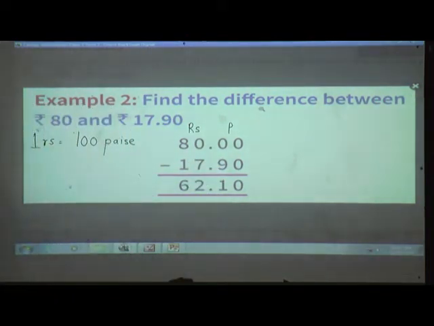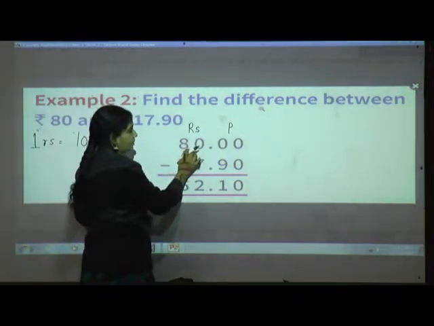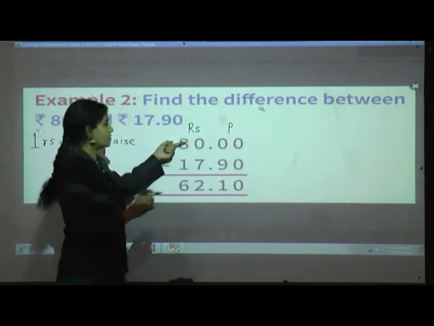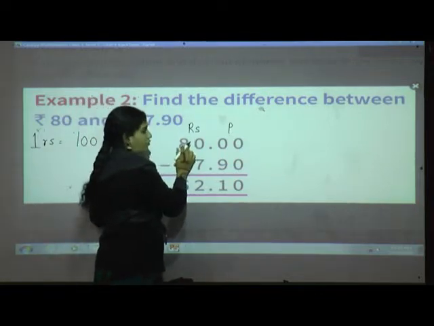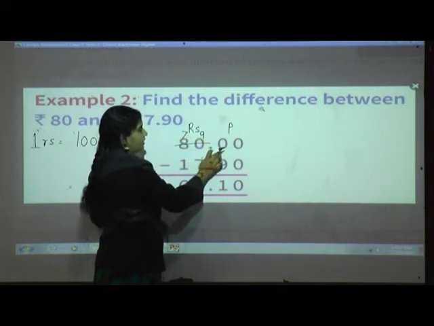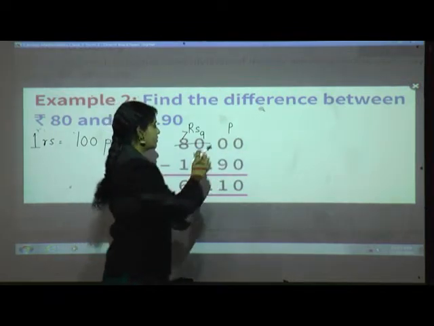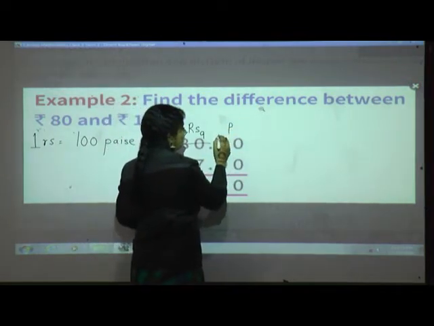Here 1 rupee is equal to 100 paise. So that's why we can borrow from here. Take 1 rupee from the rupees column. So subtract 1 from this and make it 79. Here 1 rupee is converted into 100 paise, so make it 100.